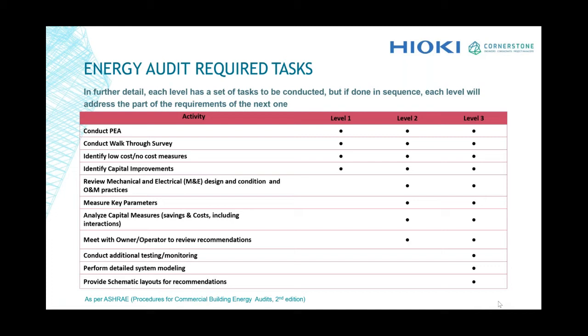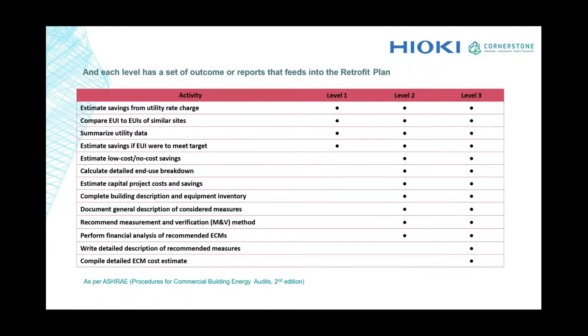So maybe having additional sensors, maybe a remote monitoring system installed for a period of time. That also would be included. And maybe even high level engineering revision done to a system, it even goes to that level of audit.